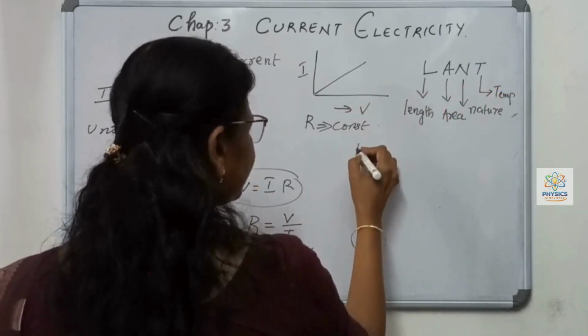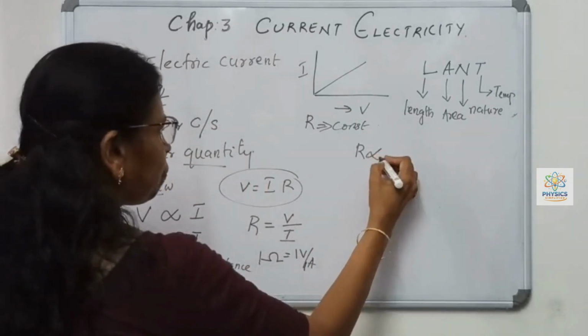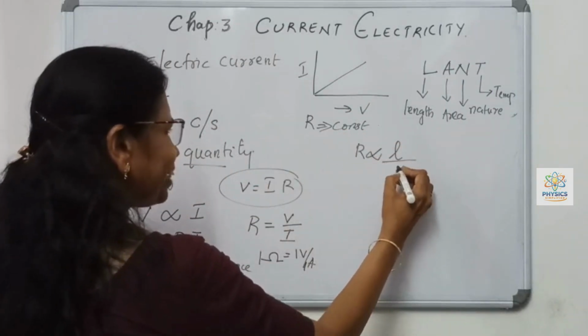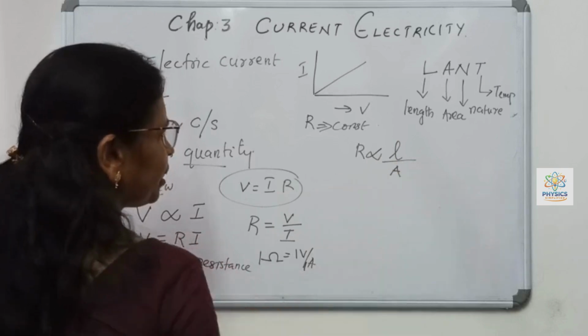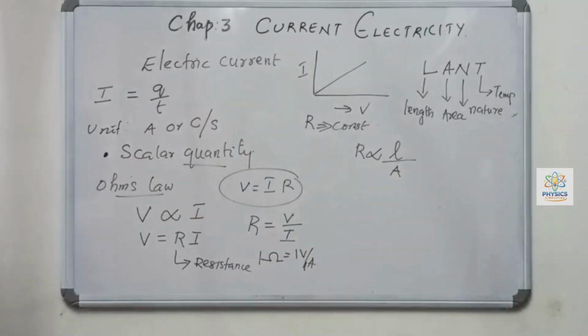The resistance of a conductor is directly proportional to the length, and it is inversely proportional to the area of cross section. When length increases, the resistance of a conductor increases, but if we increase the area of cross section, the resistance of a conductor decreases.